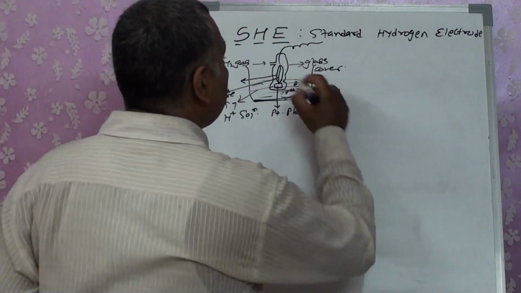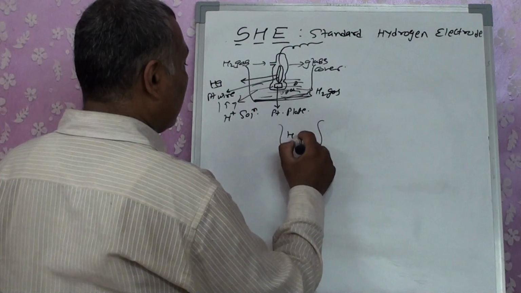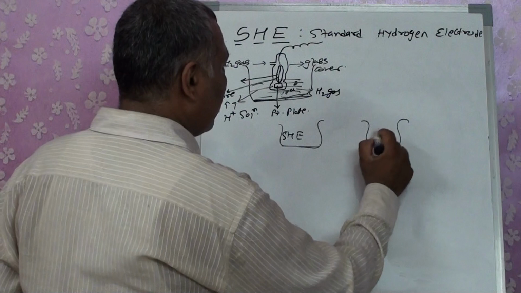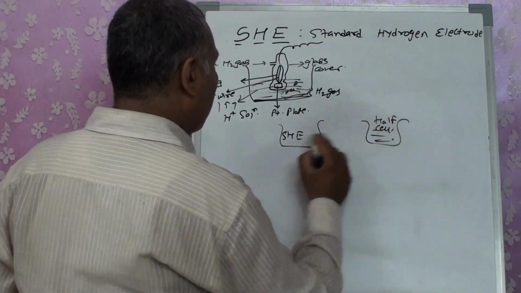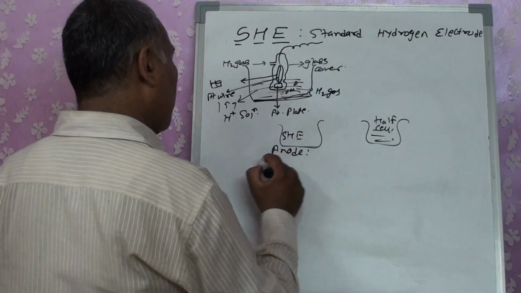When this SHE half cell is connected with another half cell, if it is going to act as an anode, what is the reaction we will get?